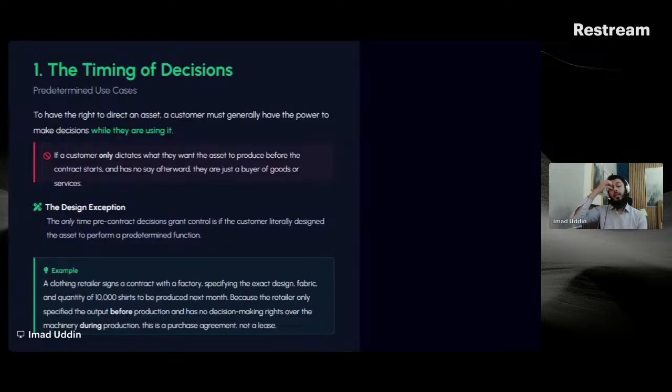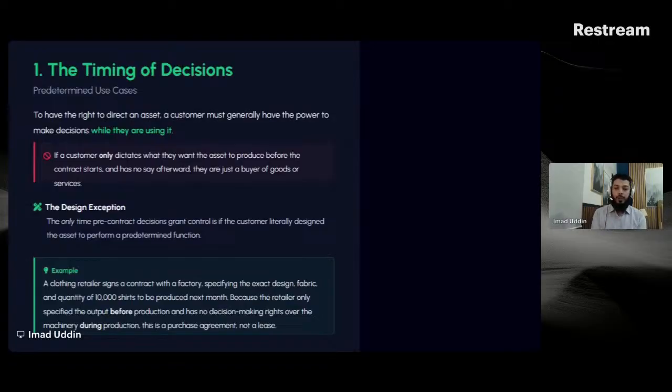If the asset had 4 different purposes, and the contract scoped into one, and within that one purpose I could produce 10 different kinds of things, and I'm only able to produce one thing because that was predetermined by the contract, in that case I do not have the right to use the asset. I basically have a contract to get those goods or services produced. That might be a service contract, or that might be the purchase of products.